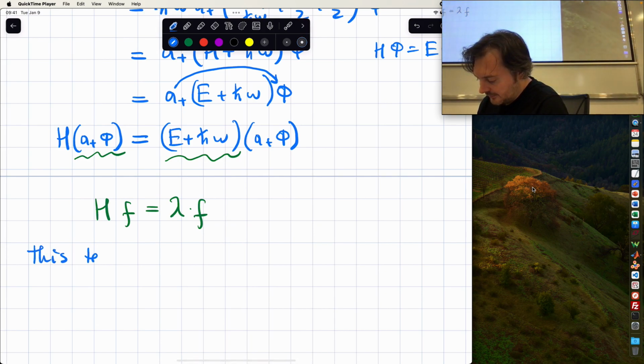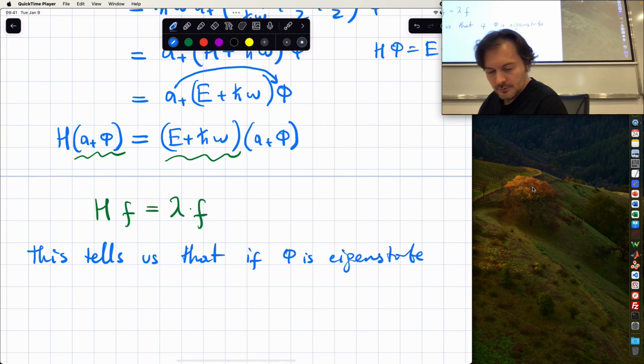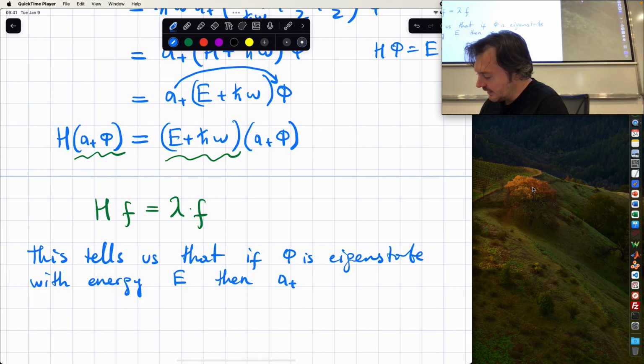This tells us that if phi is an eigenstate with energy E, then A plus phi is an eigenstate with energy, you complete the sentence? E plus H bar omega. Yes.